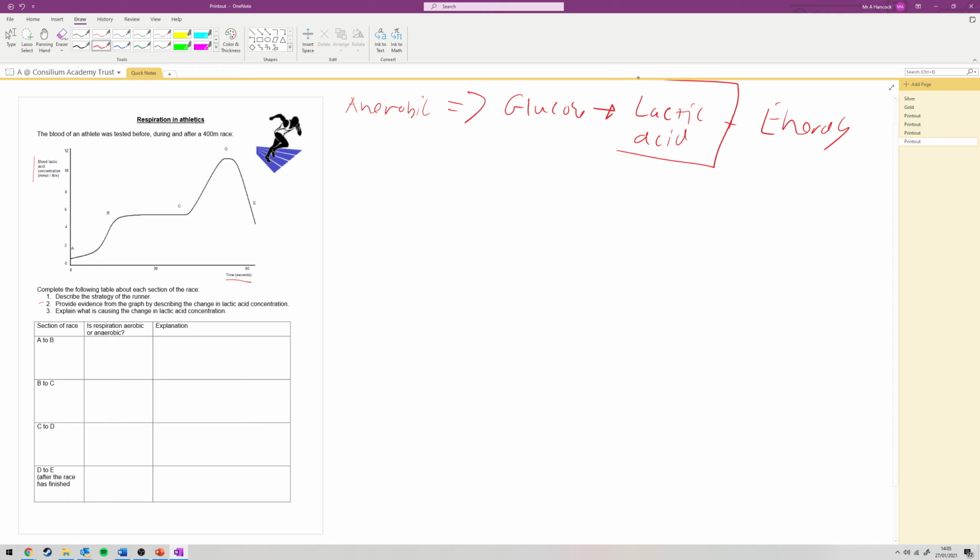So, the easiest way to spot if something is aerobic or anaerobic is by looking for lactic acid. If there is lactic acid being produced, as in if lactic acid is increasing, you are anaerobic. If it is staying the same or going down, you must be aerobic.